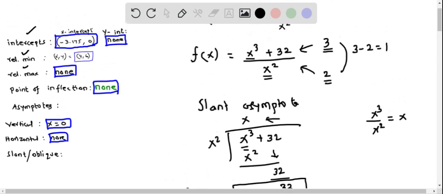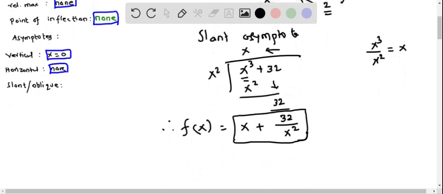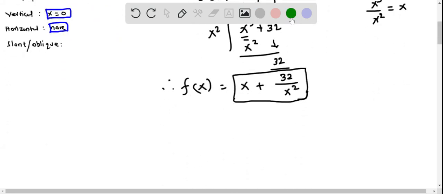In this case, we consider the quotient polynomial as the equation of the slant asymptote. So y equals x is the equation of the slant asymptote.